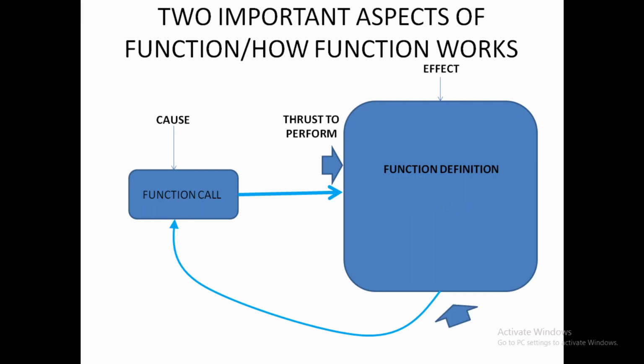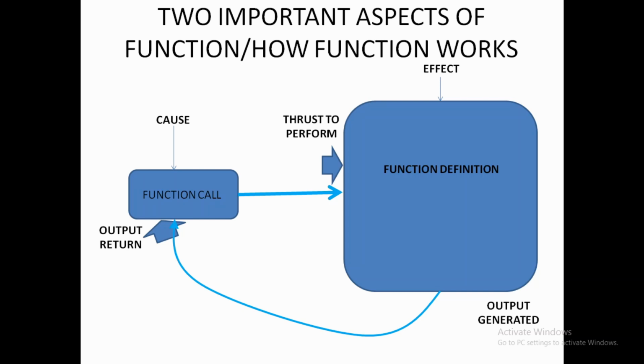Now, when the work is over, it produces the output, and the output returns back to the function call. So, all in all, the function call works as cause and the function definition works as effect.